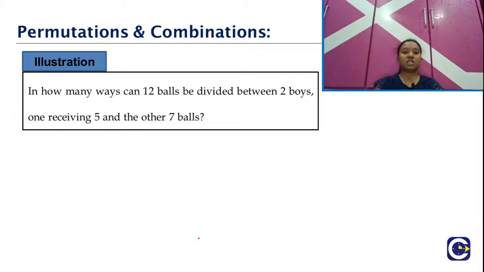So we have considered the case where we have 2 as well as 3. So now understand it and apply it in order to answer this question.